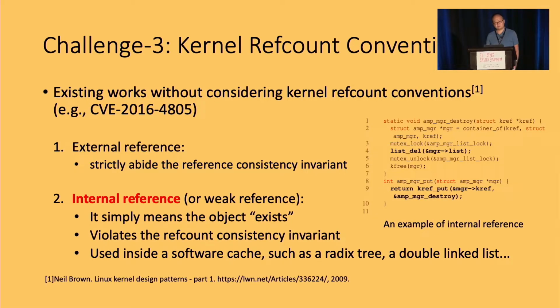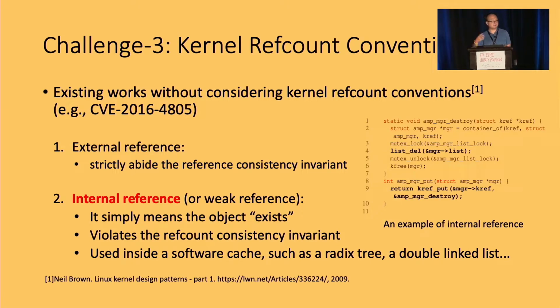One of the most common ones is so-called internal references. So the kernel may create a reference, a pointer to that object, but this reference is not ref counted, meaning that when you create it, it does not increase the reference count. They call this kind of reference an internal reference or weak reference.